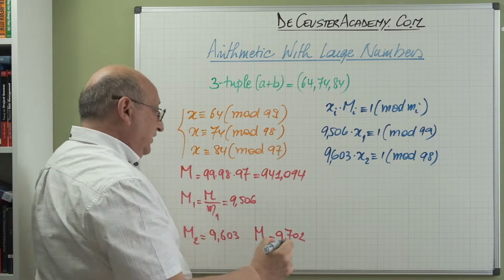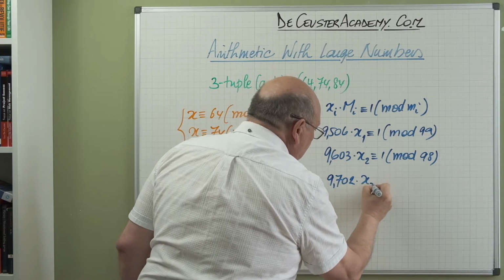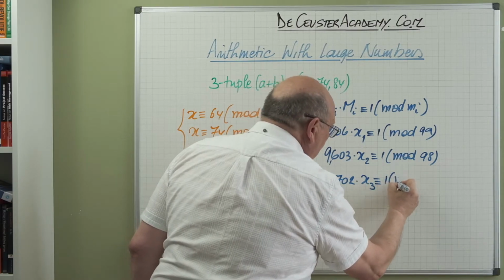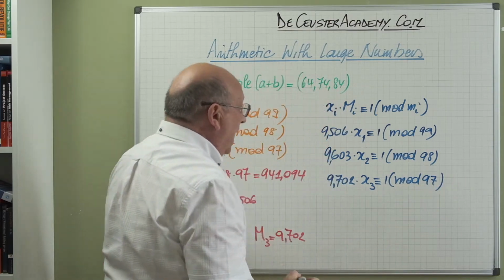And the last one is 9,702 times x3 is congruent with 1 modulus 97.